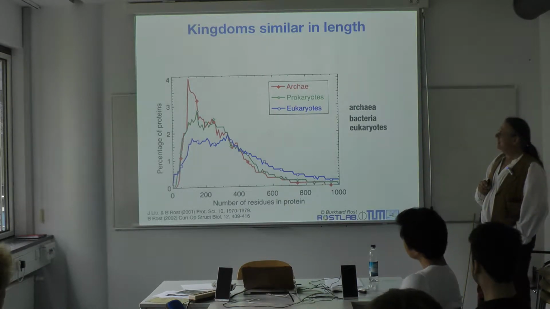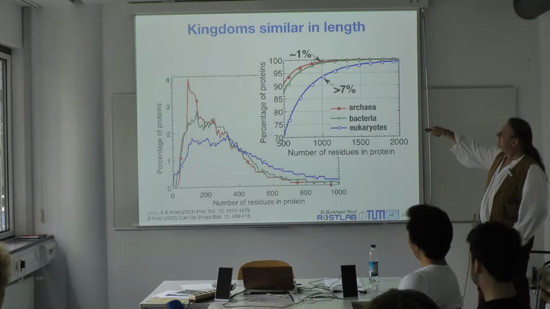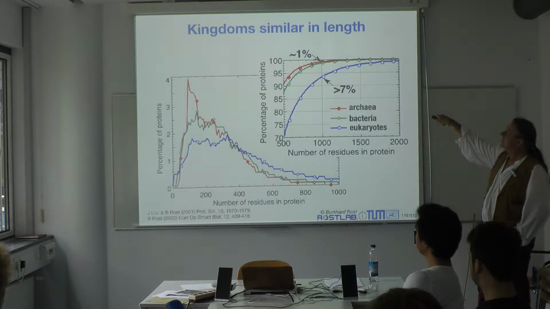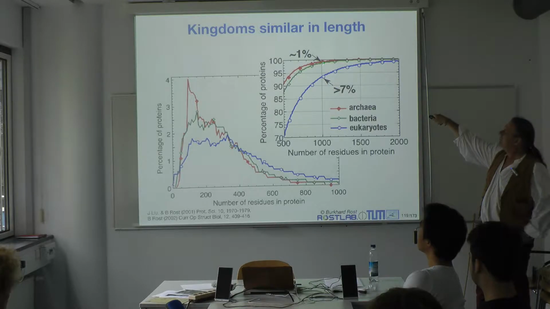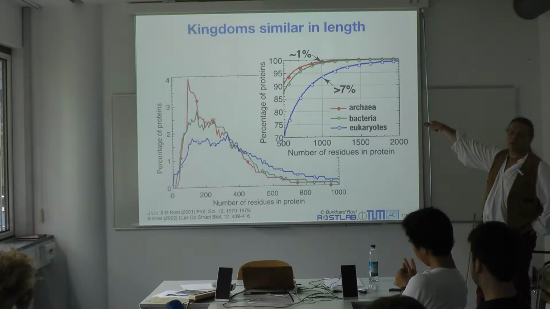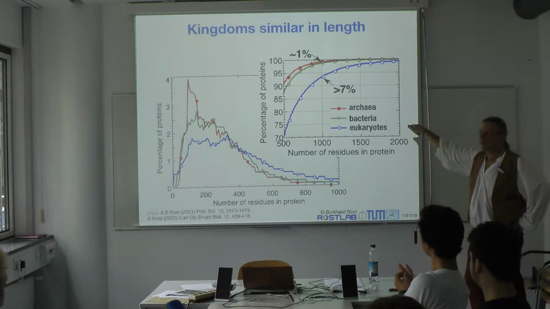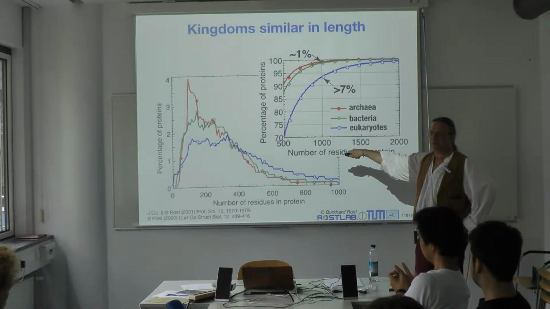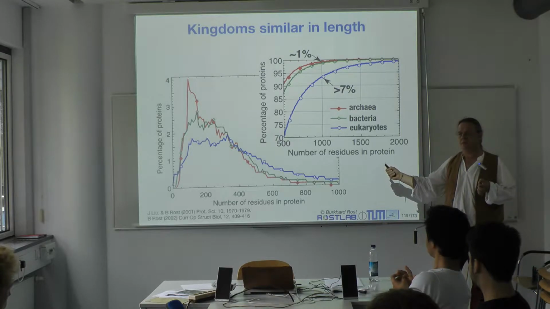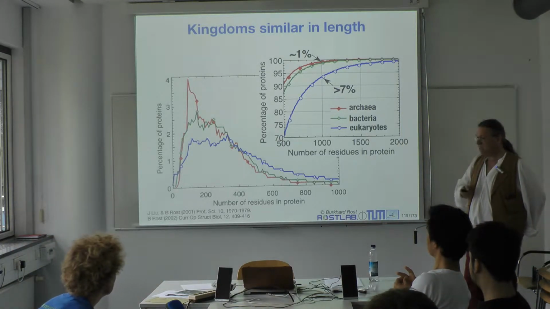What is different, however, is when you look, and that is cumulative now, at the ones that are longer than, say, 1,000 residues. For archaea and prokaryotes, this is about 1%. For eukaryotes, this is about 7%. So where they do differ is not here. Where they do differ is they have many more of the very long ones. Okay, that is specific, and again, the longest protein known is titin in human.